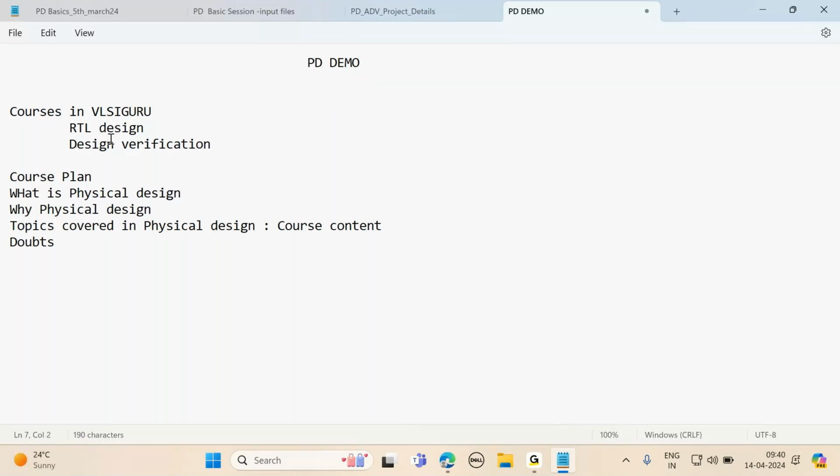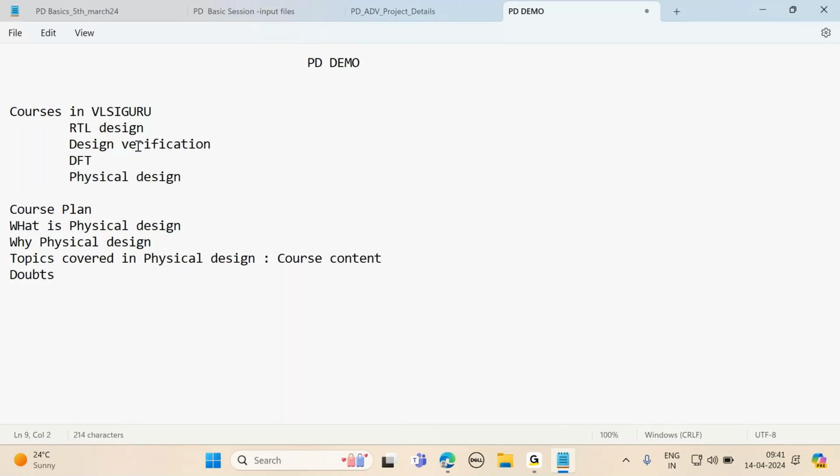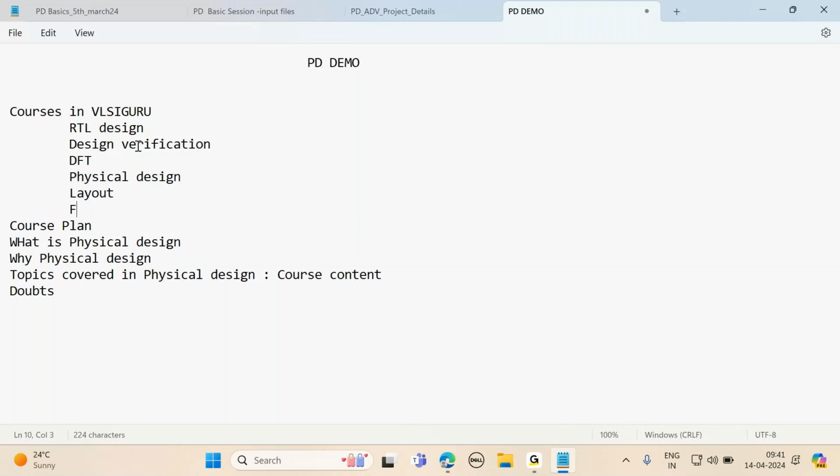RTL design, design verification, DFT (design for testability), physical design, and we also cover layout, and even FPGA design. These are the courses for 5 to 6 months.